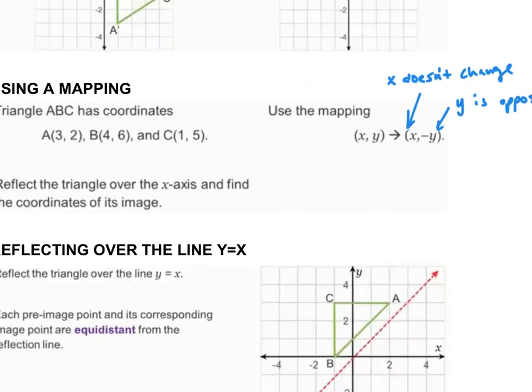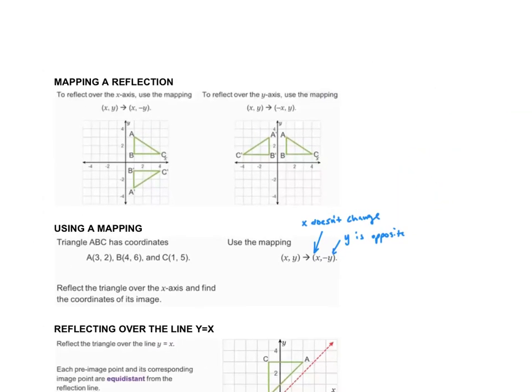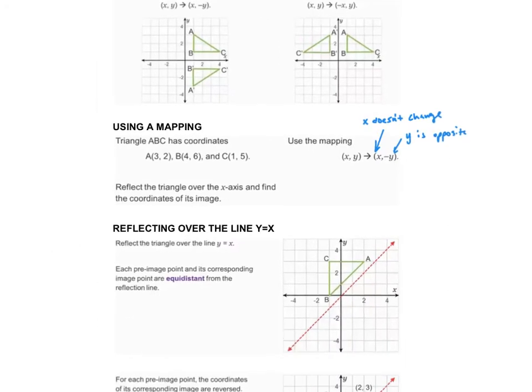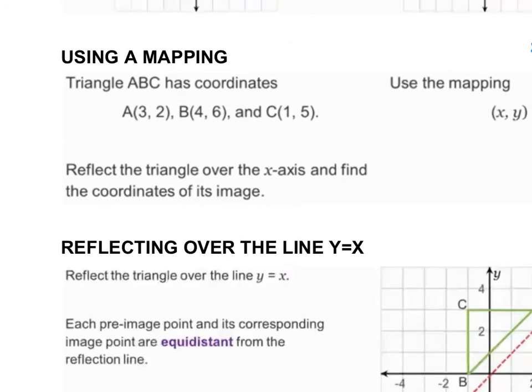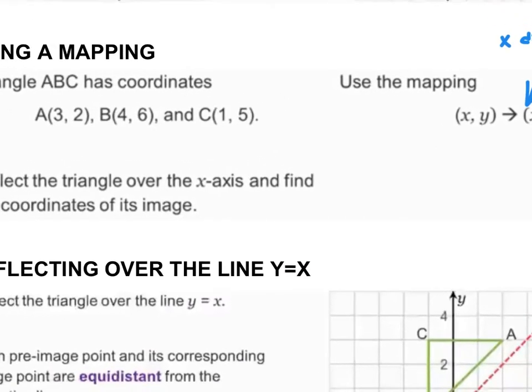And so from here, what I want to do is reflect the triangle over the x-axis, because that's what we're doing, okay? And that's the same thing that we did here. It's the same mapping, (x, negative y) is here. And I want to reflect this image over the x-axis to find the coordinates of the image. So what I'm going to do is this. I'm going to copy down points A, B, and C.